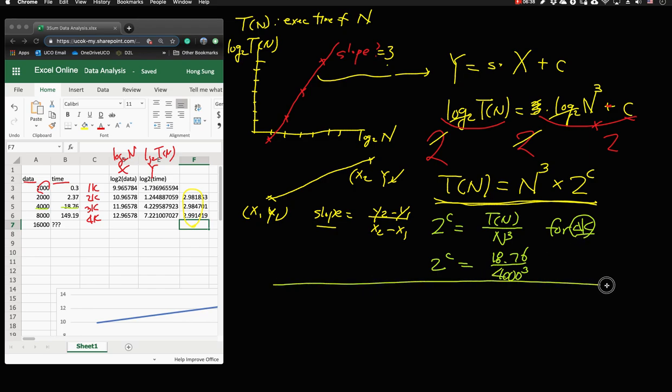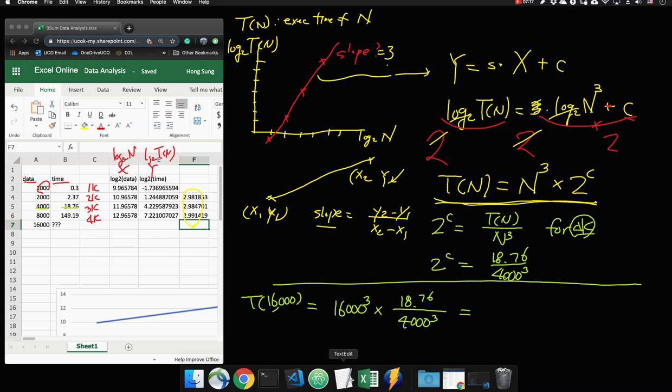Now our ultimate goal is the execution time prediction if we provide 16,000 data. And here is the equation we found. That is 16,000 cubed times 2 to the c, where 2 to the c is 18.76 divided by 4,000 cubed.